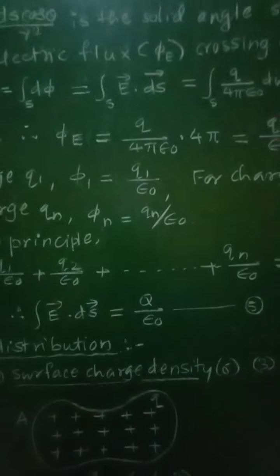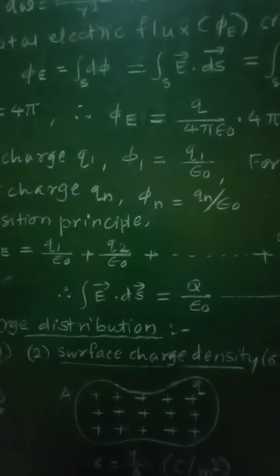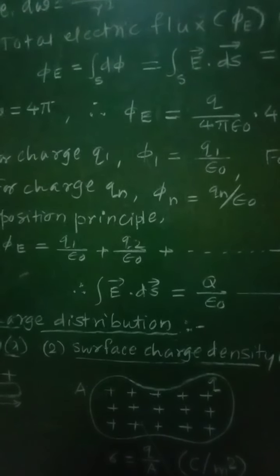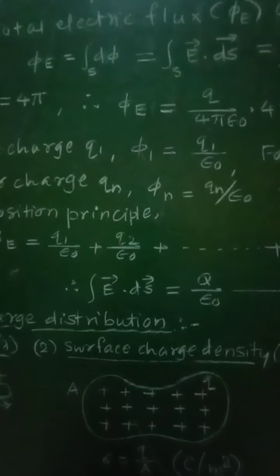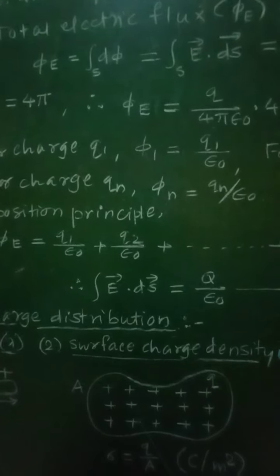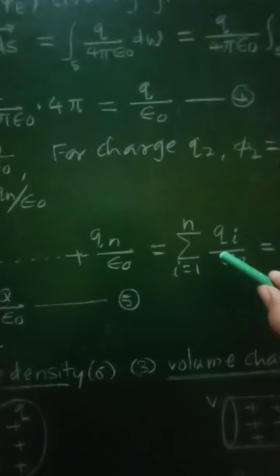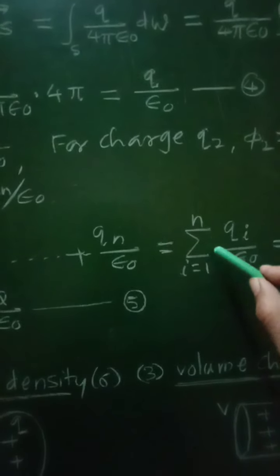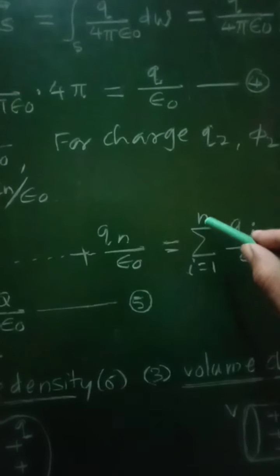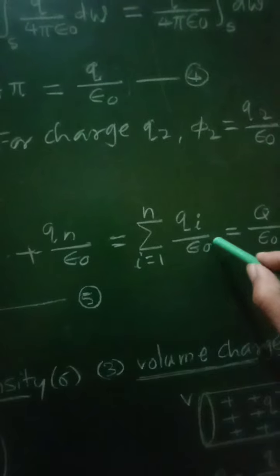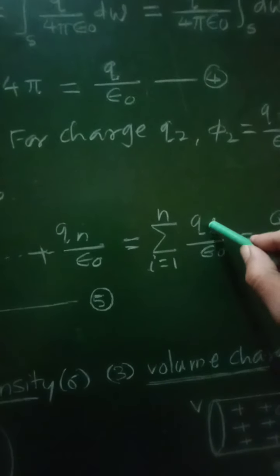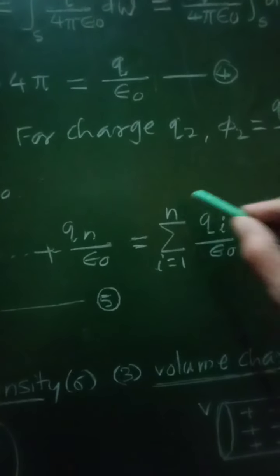That is, by the principle of superposition, the total flux for a given surface will be equal to the sum of the total flux due to the individual charges, and therefore it can be written in the form of summation i equal to 1 to n of qi upon epsilon 0, where i takes values from 1 to n.